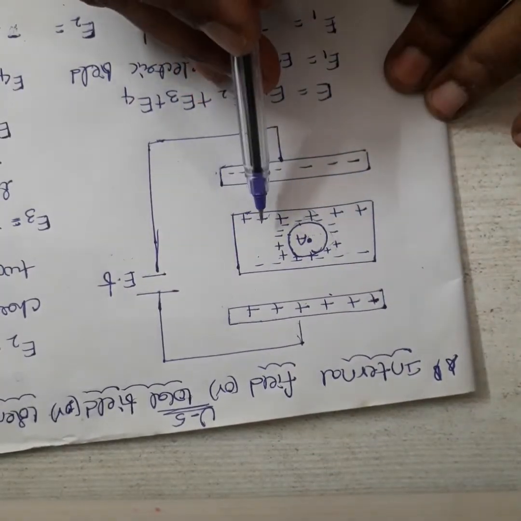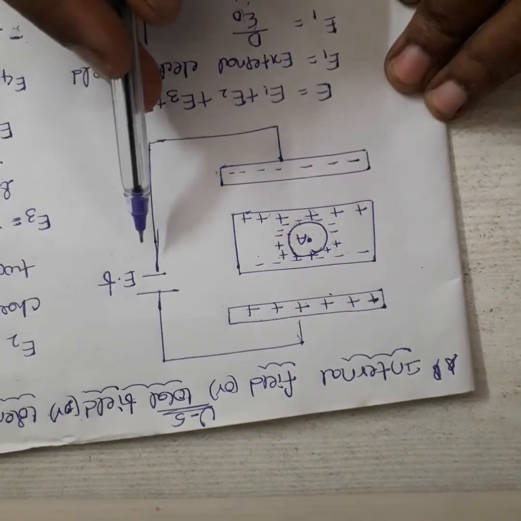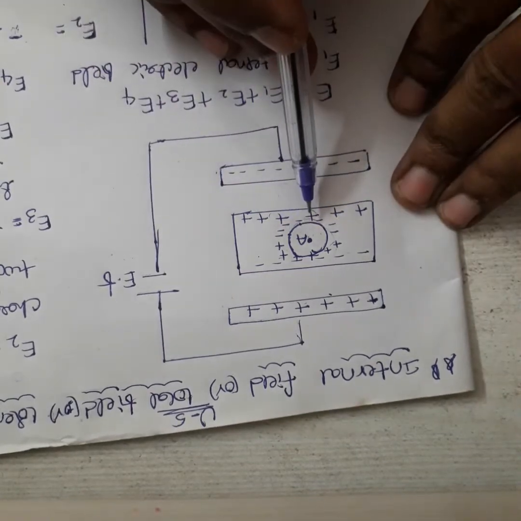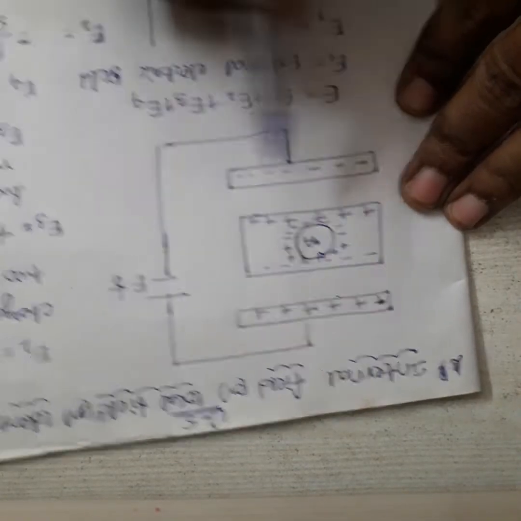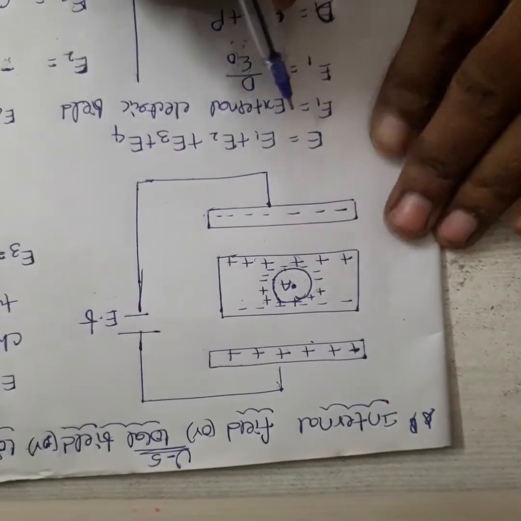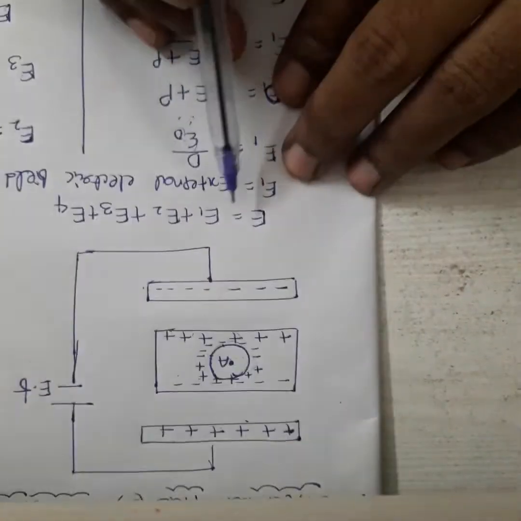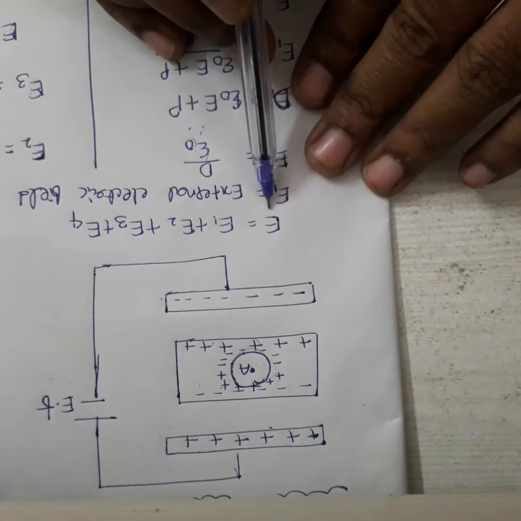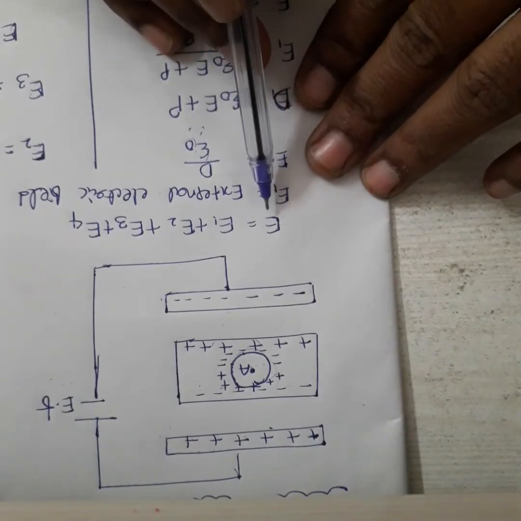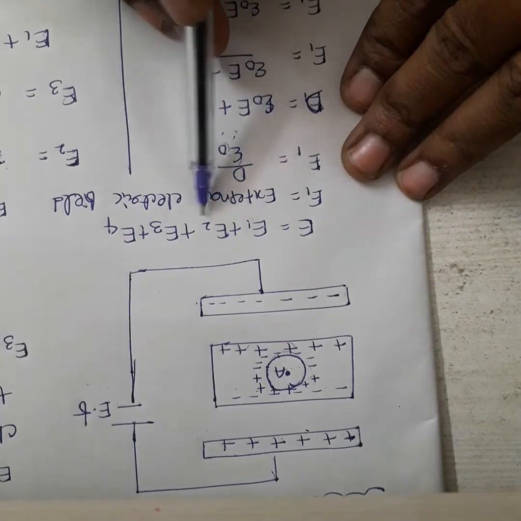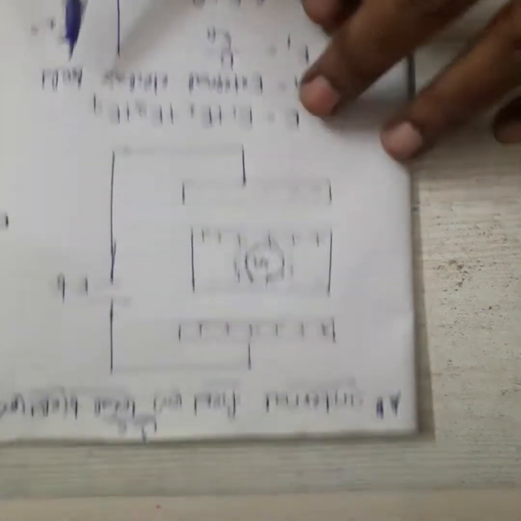Here, whenever we are bringing an external electric field to the dielectric material, we need 4 types of fields. First one, the complete electric field, the formula for the complete electric field, is equal to E1 plus E2 plus E3 plus E4.